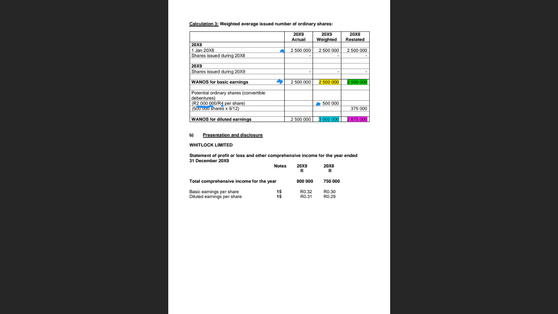In that specific question, they didn't give us any ratio, so we can assume that each debenture will be converted into one ordinary share because there wasn't a ratio. But in your questions, you must always look out for a conversion ratio. Now, in the prior year, those 500,000 debentures were issued on the 1st of April, so we need to weight it for 9 months of the year, and we're going to get an amount of 375,000.